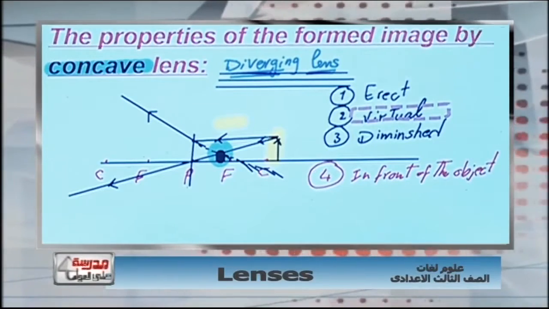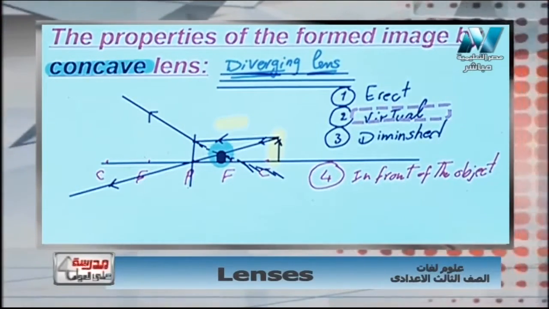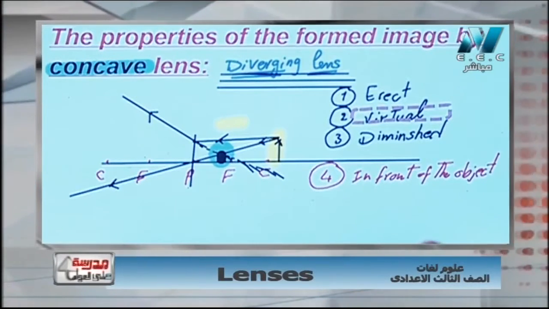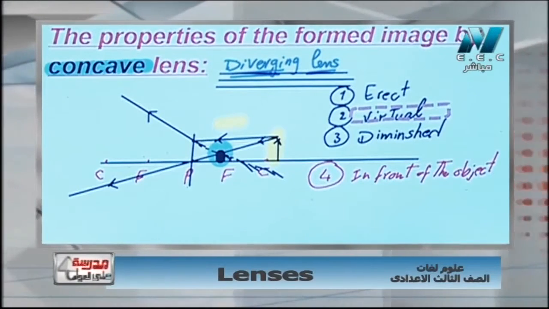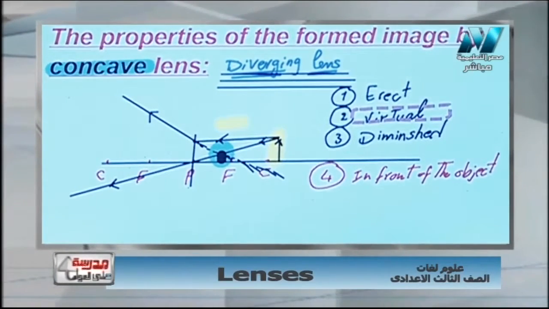Okay, dear students, as we watched in these cases, زي ما شفنا في الكيسز بتاعتنا, we have 4 cases. One in front of the concave lens, as we drew before, and other cases in front of the convex lens.